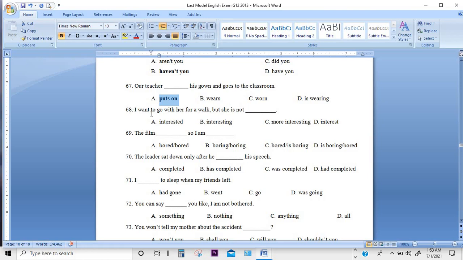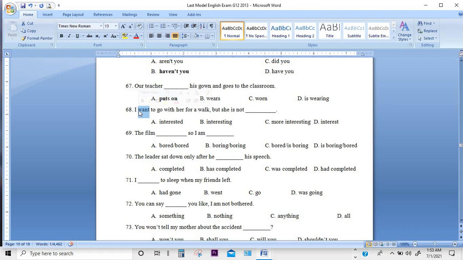Okay question number 68: I want to go with her for a walk but she's not dash. I want to go, okay, want is always followed by what? Infinitive. I want to go with her for a walk. Main verb want, don't confuse.